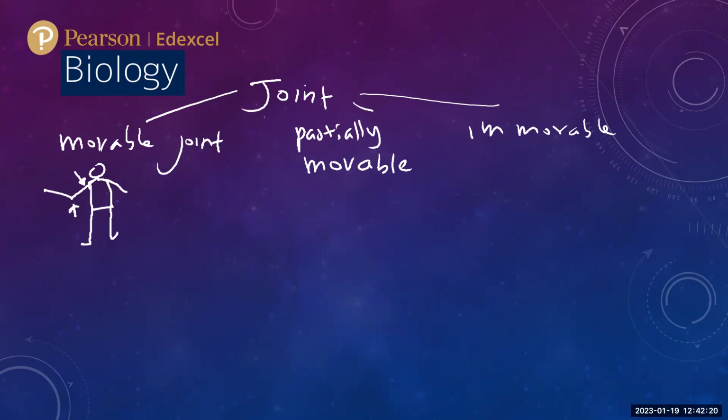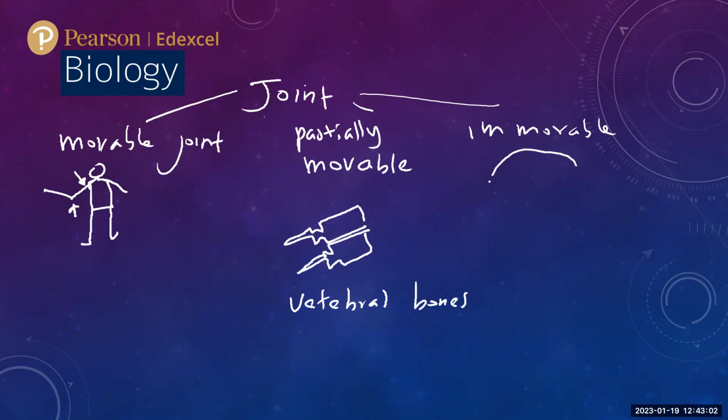So partially movable joint, the vertebral column, the bones are made out of vertebral bones like this, one bone and another bone like this. So there is a little bit of movement we have in the vertebral bones.